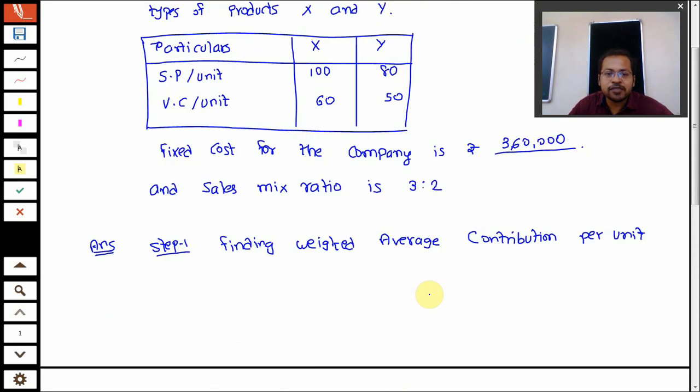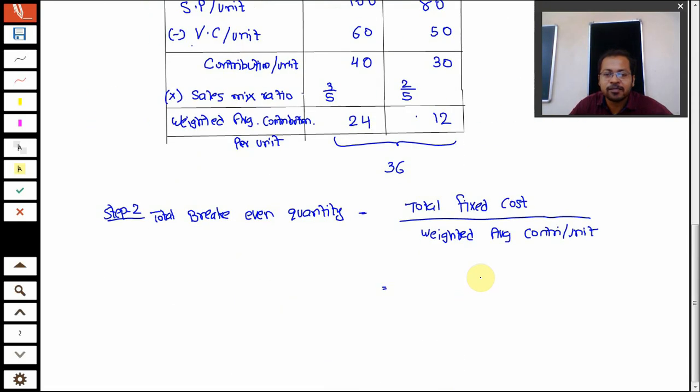So let's see what is the fixed cost which they have given. Yes, fixed cost is 3,60,000. So fixed cost is 3,60,000 divided with weighted average contribution per unit, which is 36. So 10,000 units is the break even quantity.